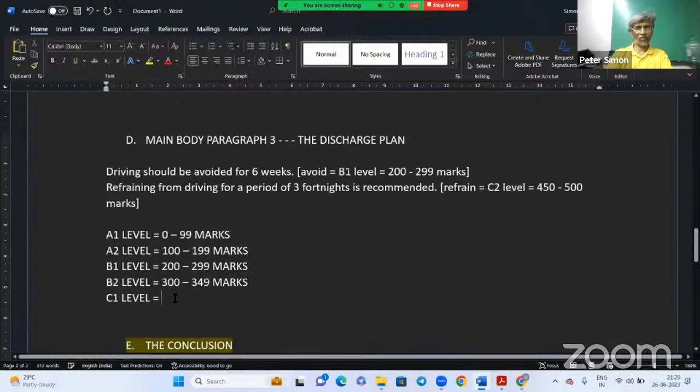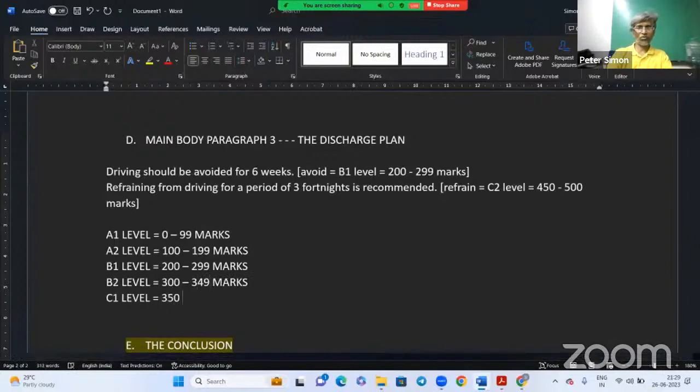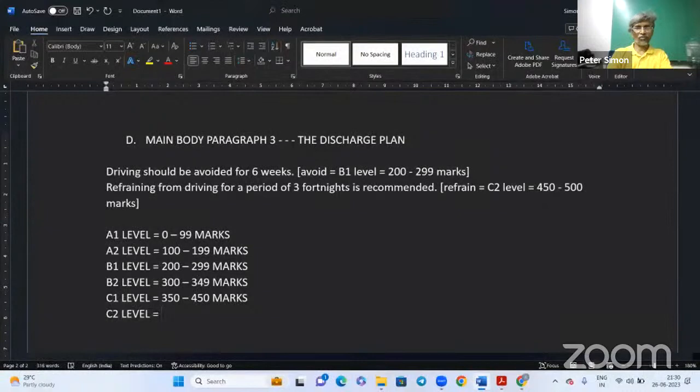Then C1 level will be giving you 350 to 450 marks. And C2 level will be giving you 450 to 500 marks. Okay, C1 will be getting up to 449.